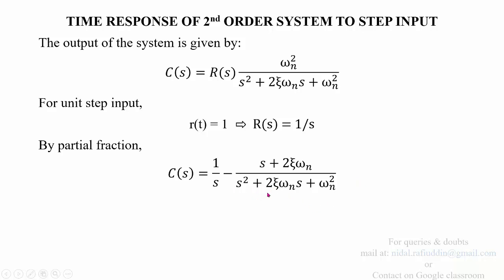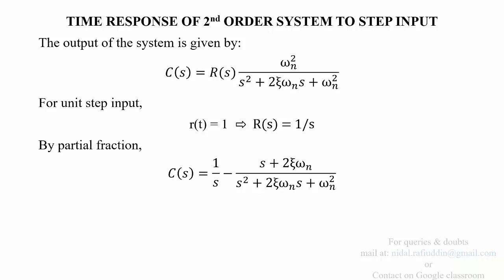But what I see in the denominator is, if I convert this into some square format, for example s square plus a square, s square plus a square form was something that comes under the umbrella of the cosine and sine Laplace transforms.